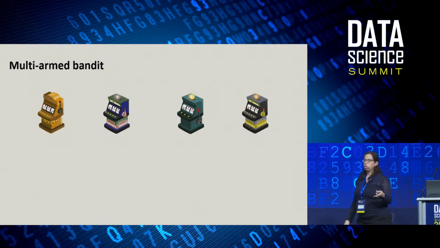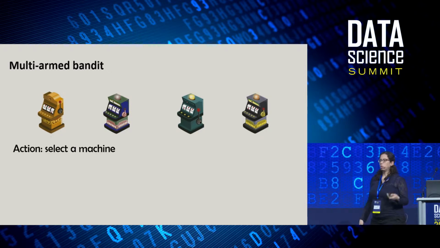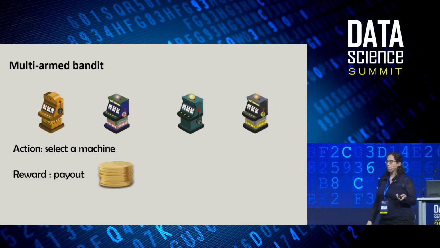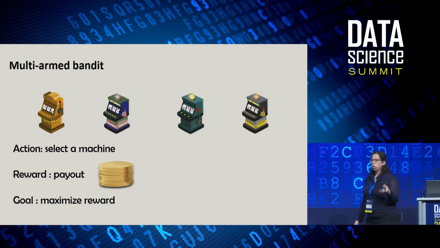In the casino, each machine has a different probability to win. And the action that we need to choose is to select a machine, which arm to pull. The reward is a payout. We want to gain as much as possible, and to maximize all the rewards that we can gain from those machines.